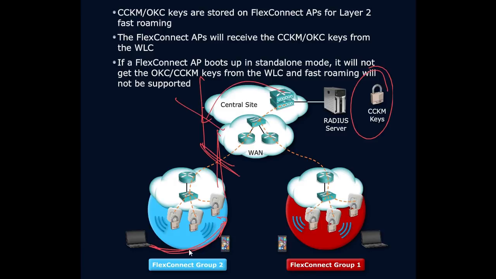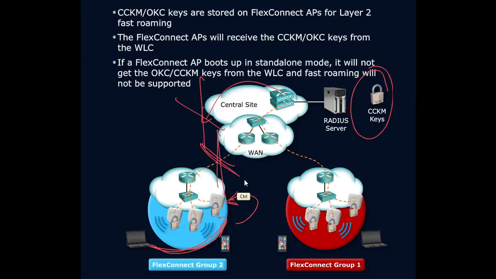Remember, those keys allow communication, allow for privacy when talking through the air. When I can't do that, I have to be disassociated and I have to reassociate to the new AP. Very important to understand this. You have to be aware what takes place in your environment.